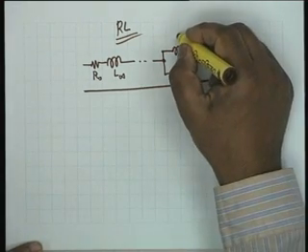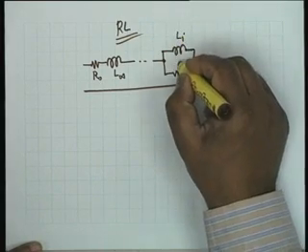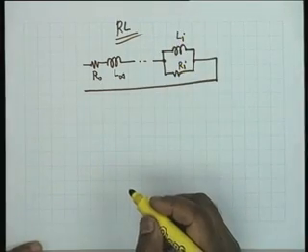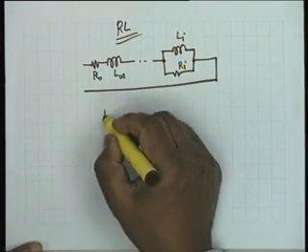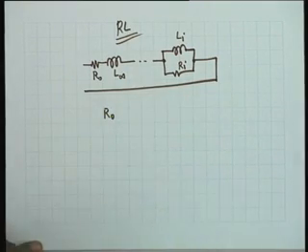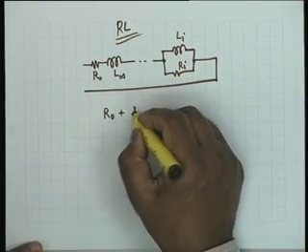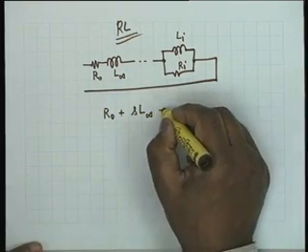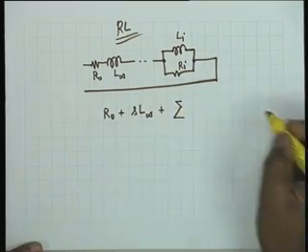And you see that if you call this R0, if you call this L infinity, and you call these Li and Ri, then the expression for impedance would be R0 plus S times L infinity plus summation.